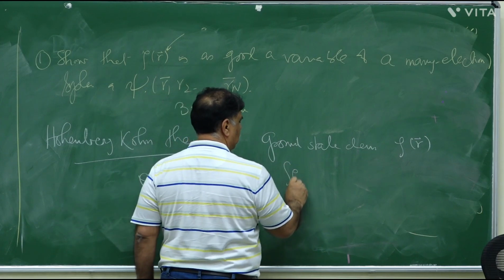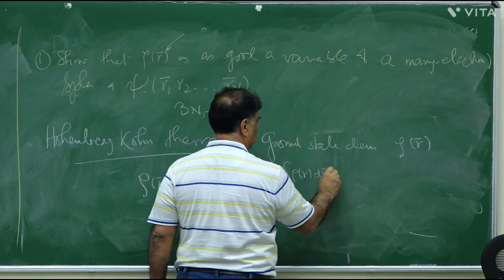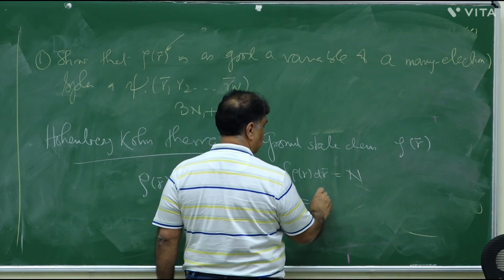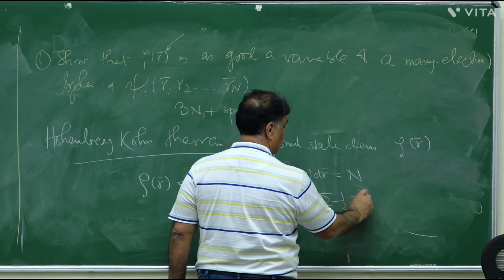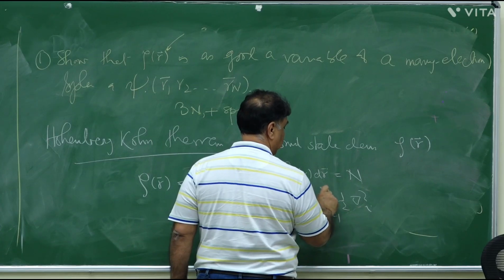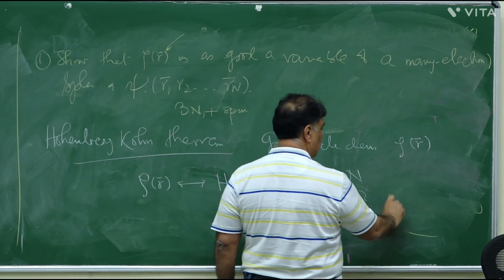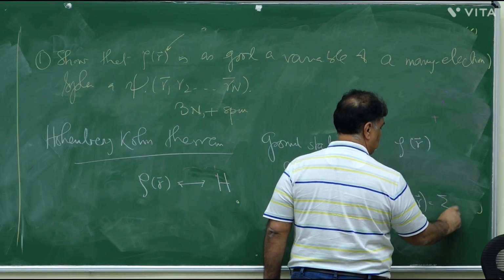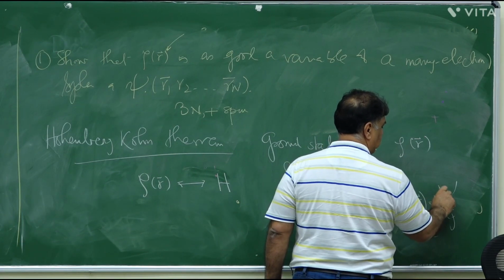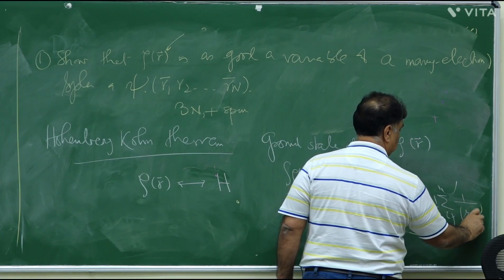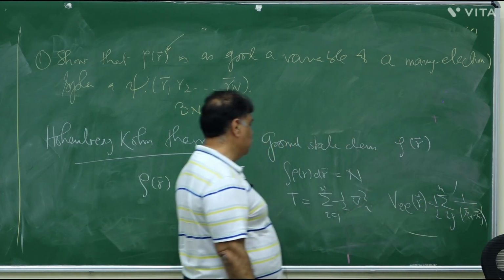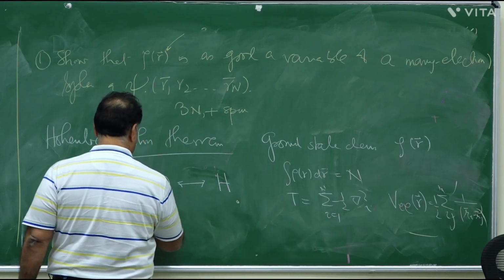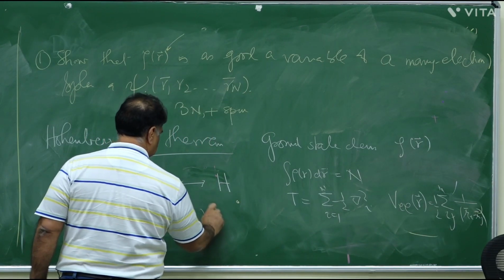Also, if I take rho r and integrate over dr n, then I know that the kinetic energy operator is going to be minus 1/2 sum over i, i equals 1 through n. I know V_ee, which is the summation over i, j up to n of 1 over |ri minus rj|. This is trivial. And third thing is that this rho should be able to give me the external potential.